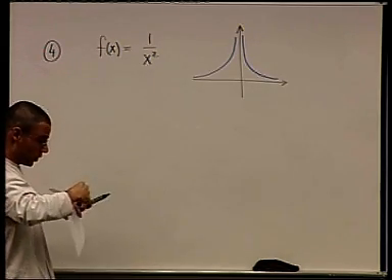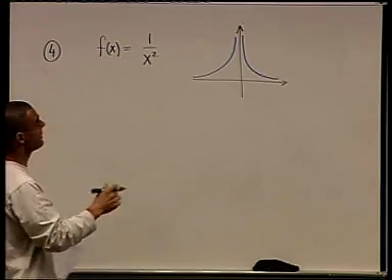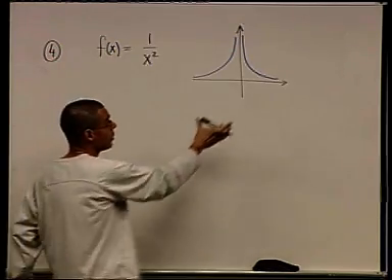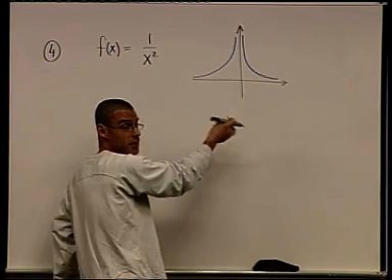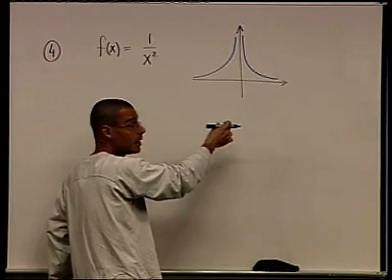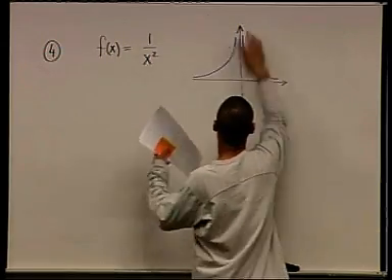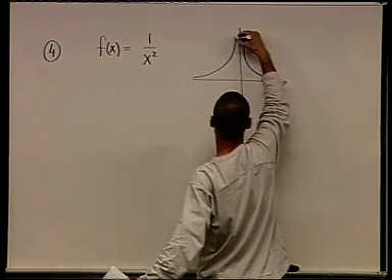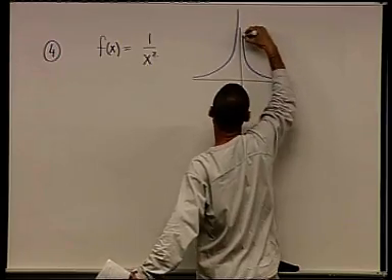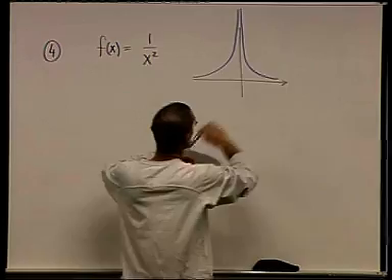Where is there an issue? At 0 again. And what happens at 0? When we approach 0, either from the right or from the left, what happens to the values of the function? Right, they get bigger and bigger and bigger. Okay, so let's maybe emphasize that by doing something like this. Do you agree?